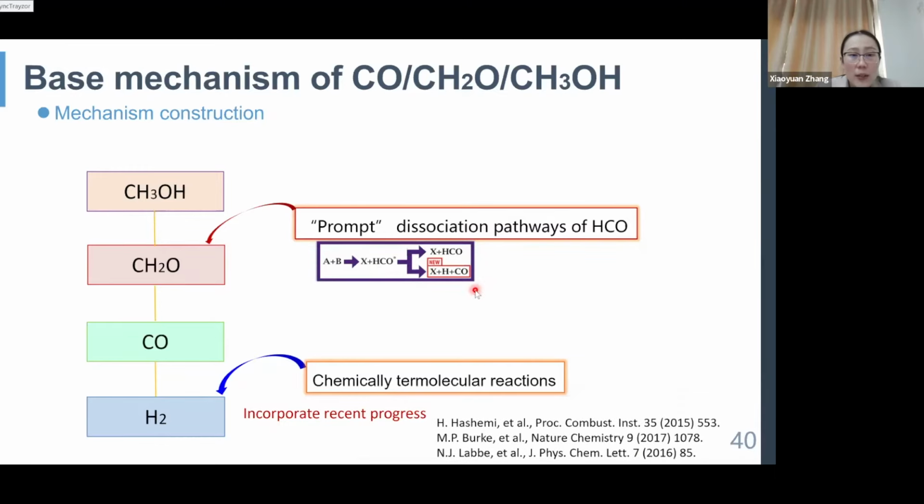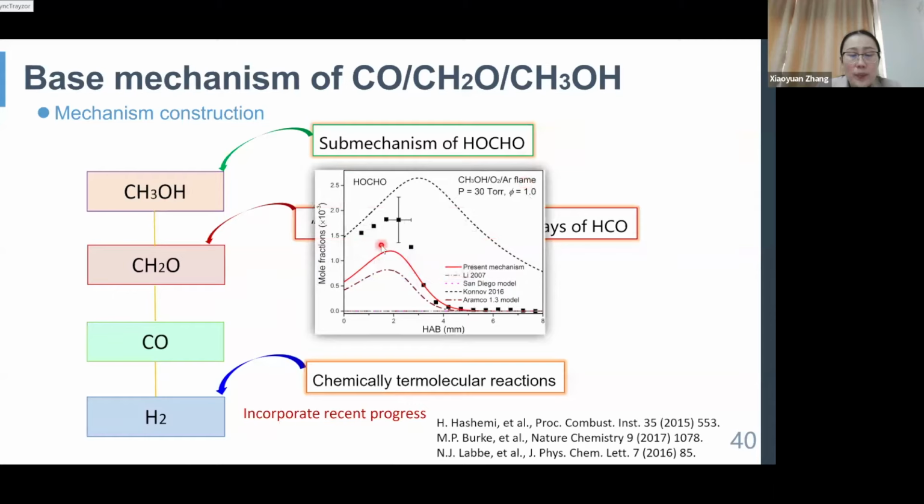In our speciation measurements of methanol, we found that formic acid is an important product. So we also added the sub-mechanism of formic acid to predict its formation. As we can see, the present model can reasonably predict the experimental data.